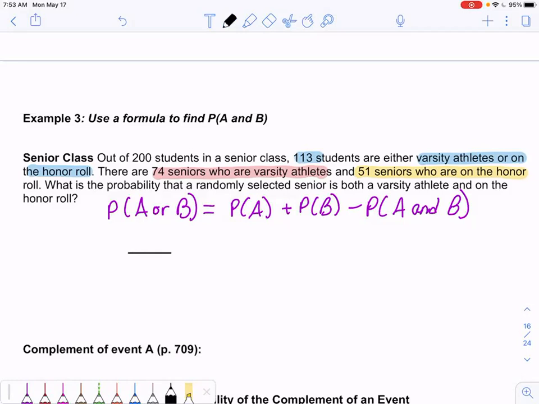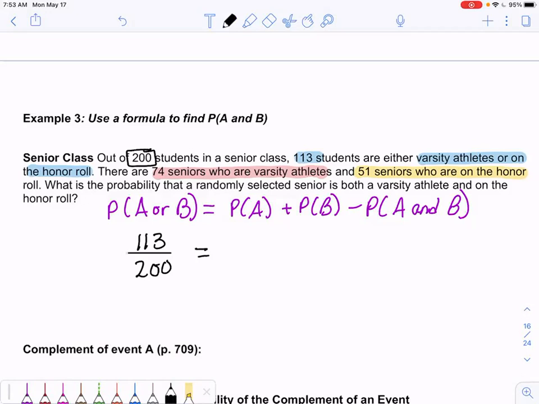Total. 200. You're good. It's okay. It's a Monday morning. So 113 of those students are either varsity athletes or on the honor roll. So that's the A or B part. 113 of them are one or the other. So out of the 200, 113 of those students are either athletes or on the honor roll.